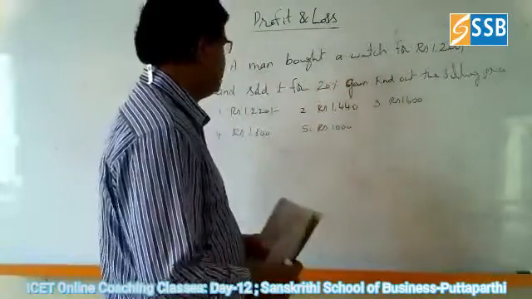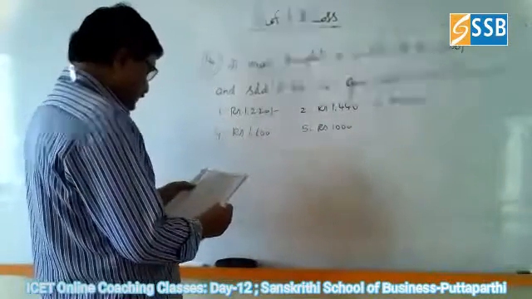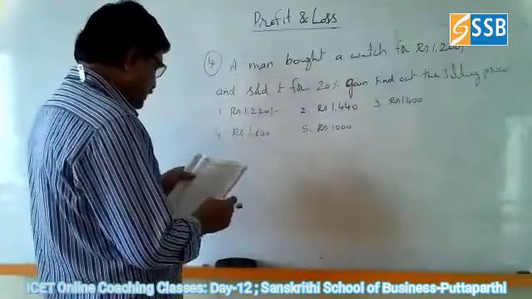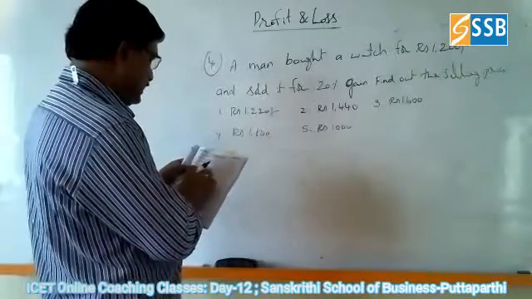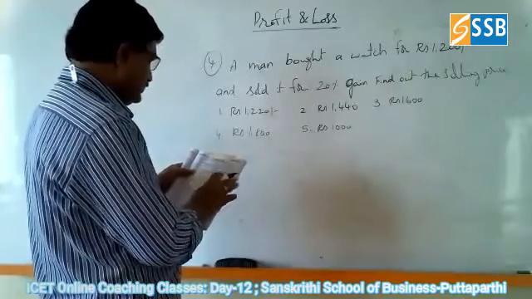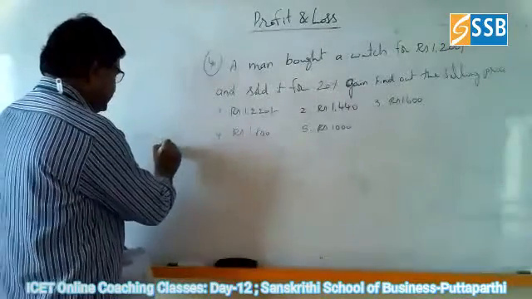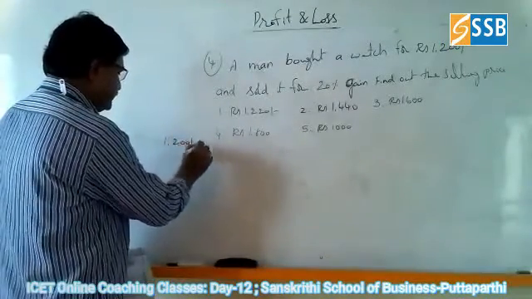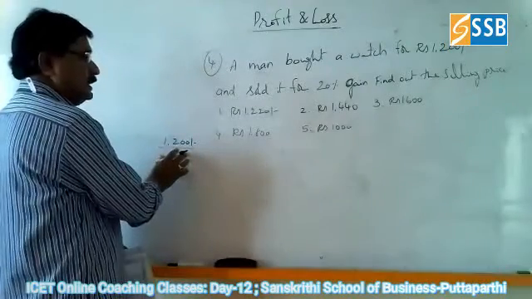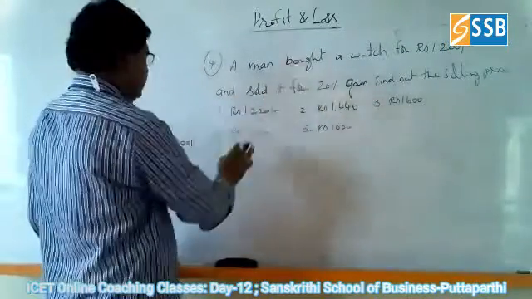What is the selling price? Simply speaking, here a man bought a watch for rupees 1200 and sold for 20% gain. Find out the selling price. So here a person bought or purchased for 1200 rupees. At the same time, he sold it for 20% gain.